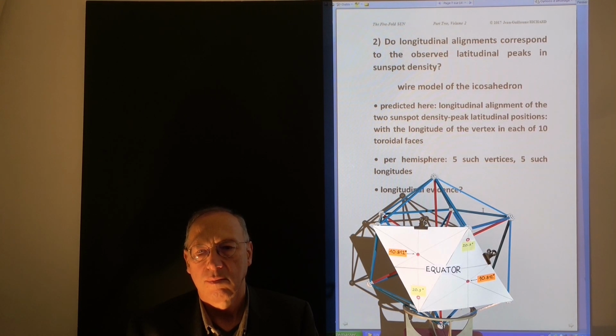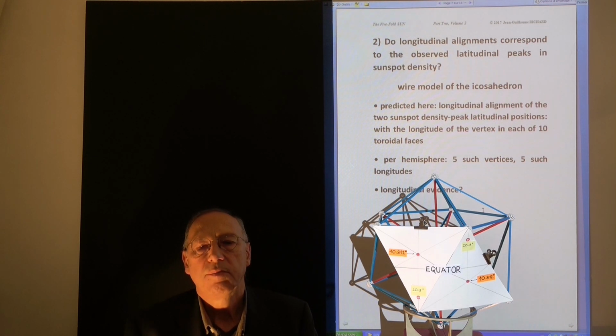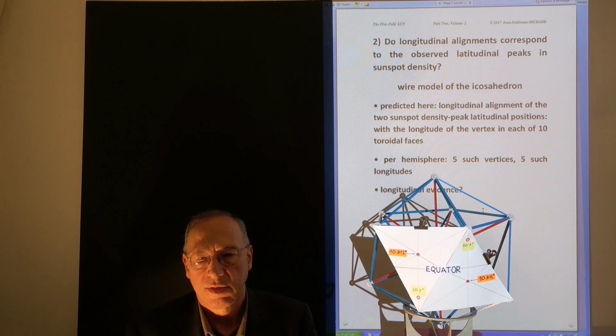The icosahedral model, introduced in the previous video as a wire model in 3D, with two faces showing as white surfaces in this case now, reveals that the two main peak densities in latitude, which are at 10.8 degrees in latitude, and the secondary peak at 20.9 degrees in latitude, are predicted to be aligned along a certain longitudinal line, which is the line which passes parallel to the rotation axis through the vertex of each toroidal face.